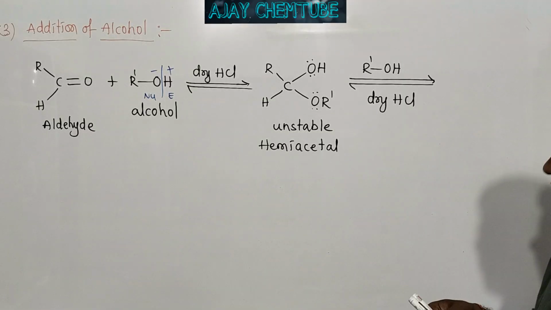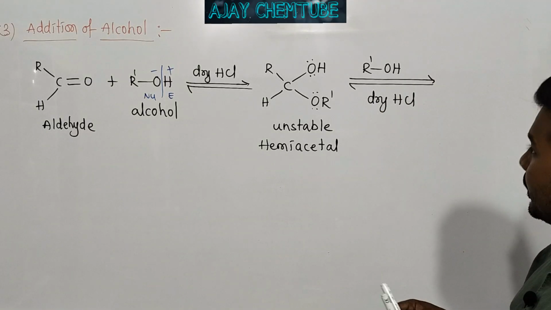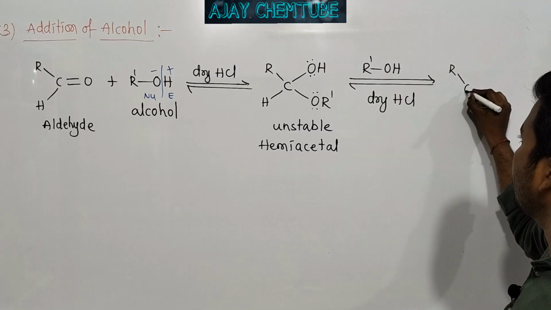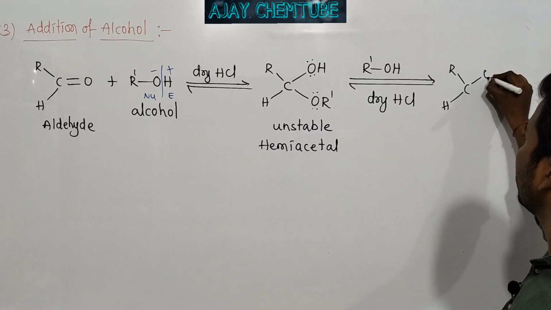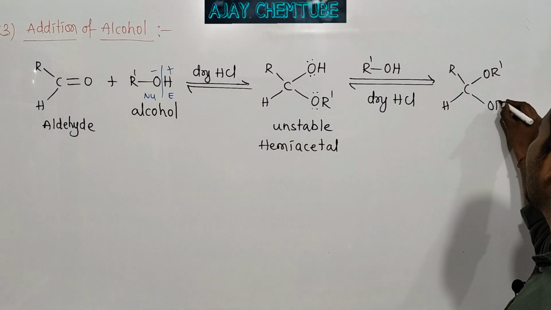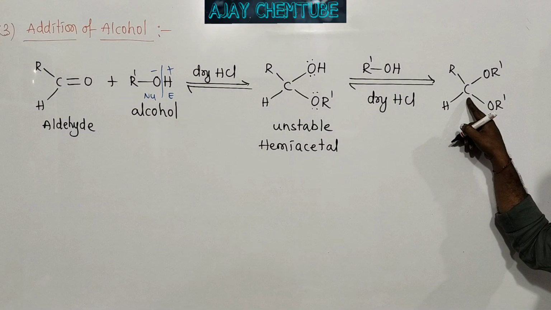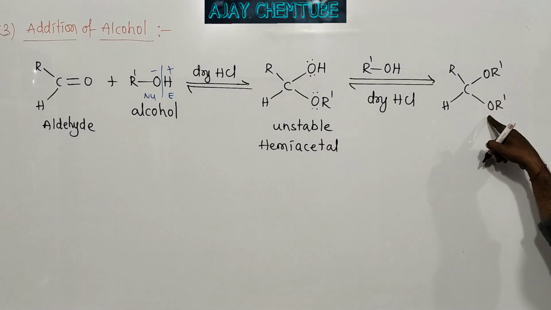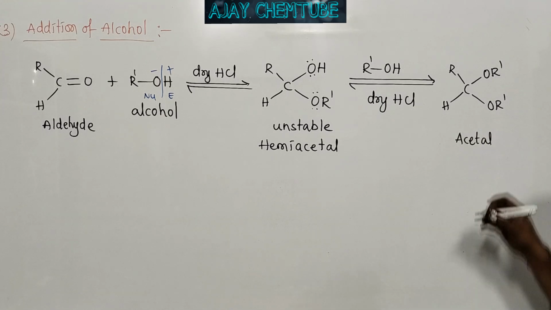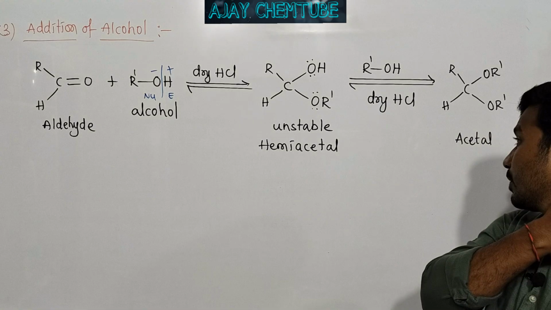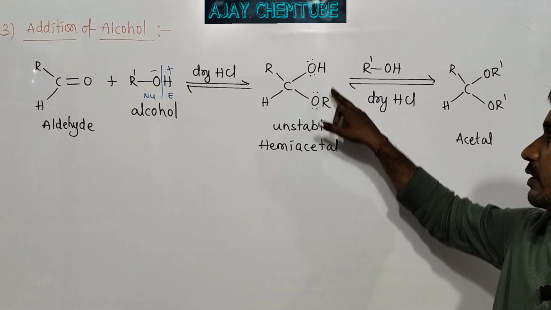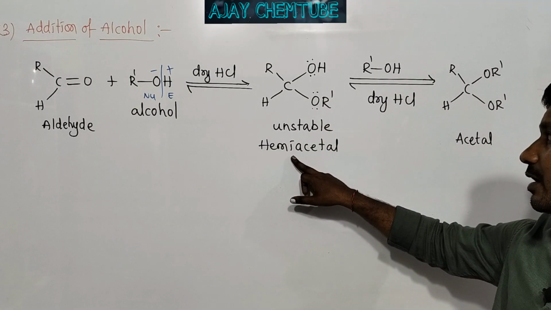So I am taking extra information. One more alcohol in presence of dry HCl, what happens? This is R and here H. This OH becomes OR again, and this is already OR prime. On the primary carbon, two alkoxy groups are present, that is acetal. On the primary carbon, OH and OR groups, alkoxy and hydroxy groups, that is hemiacetal.